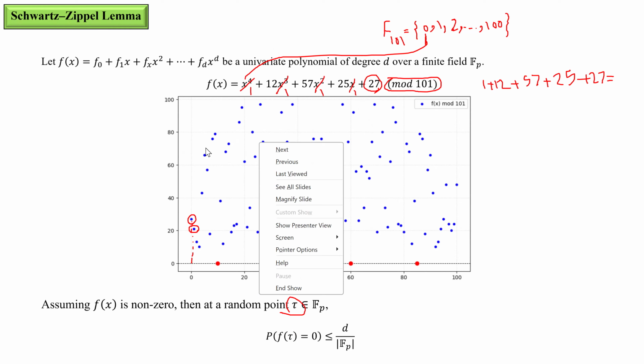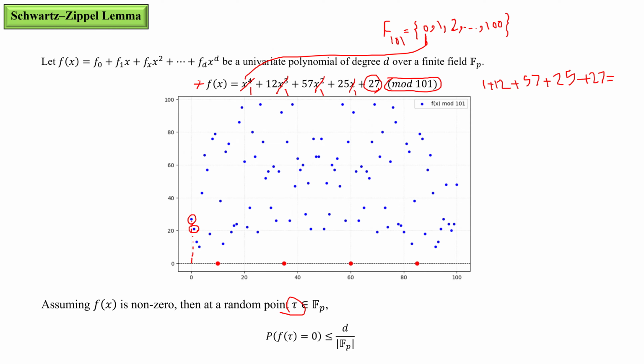In our example, for this polynomial, at 4 points the evaluation equals 0, right? For this one, this one, and this one. Maybe 11, and this one maybe 34, and this might be 60, and this might be 86, something like that. For these 4 values, the evaluation of f of x equals 0.